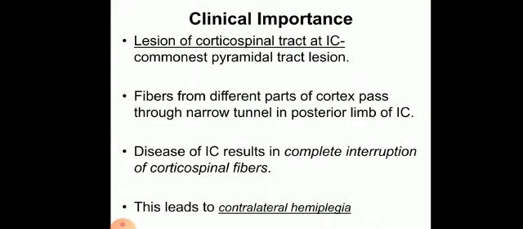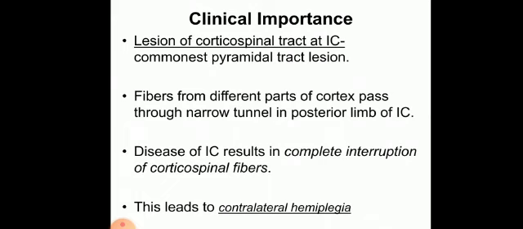Fibers coming from different areas of the cortex all converge and pass through the posterior limb of the internal capsule, which is basically a very narrow tunnel. So any disease of the internal capsule will result in a complete interruption of the corticospinal fibers.